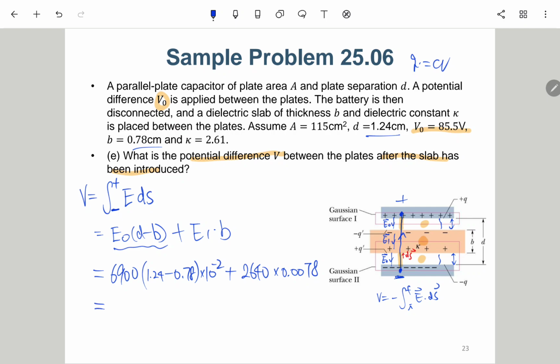So here we can see that V will be 52.3 volt. So this is smaller than V0, 85.5, as expected.